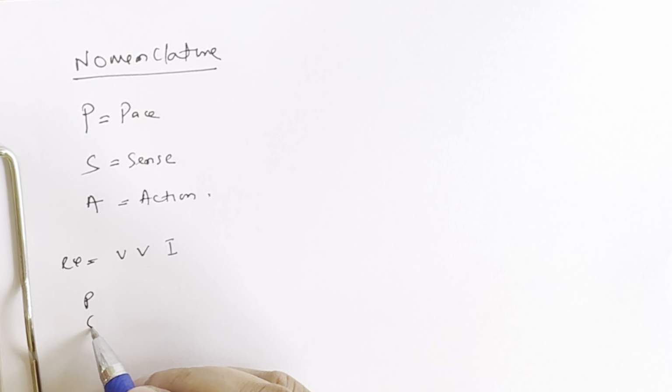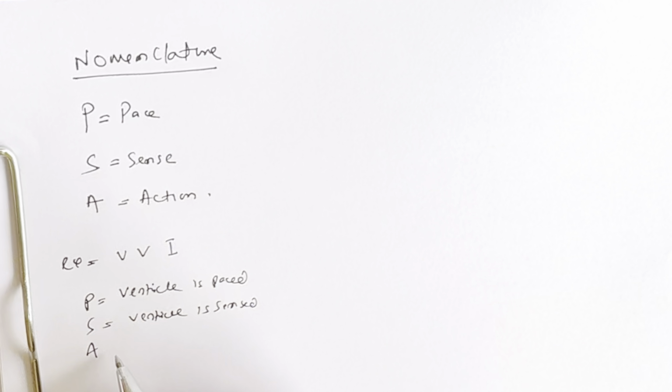If you put PSA, the ventricle is paced, the ventricle is sensed, and the action is I. This is inhibition. What does that mean?